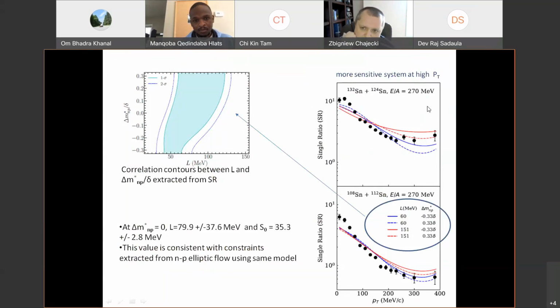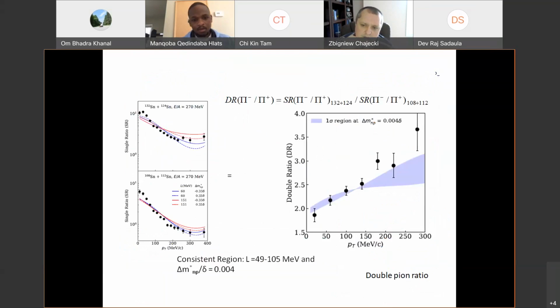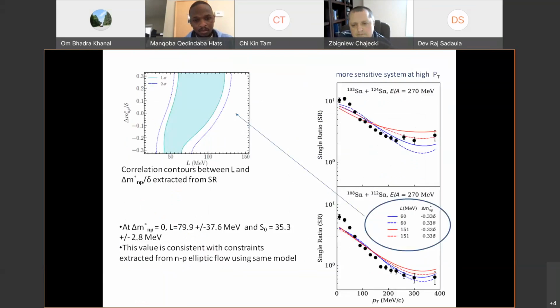I don't think that's what Manqoba asked, right? Yeah. So I'm just asking about that parameter, how does it fit? No, I mean at the end of the day we use these things to determine the value of L and S naught. But Manqoba is asking why you're looking at the ratios. Why are you looking at the ratio of pions? Is that what you ask?